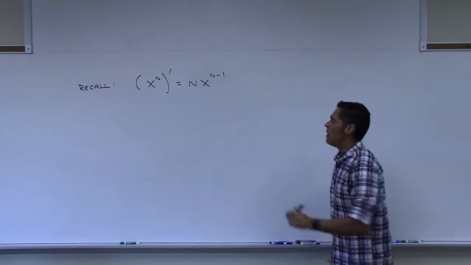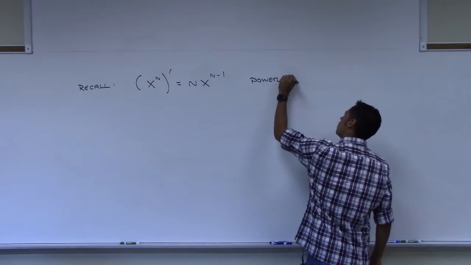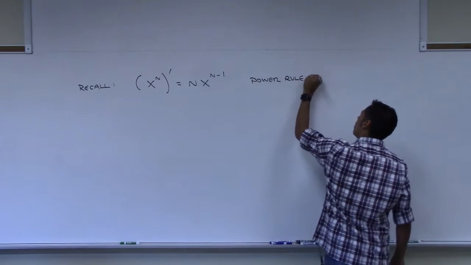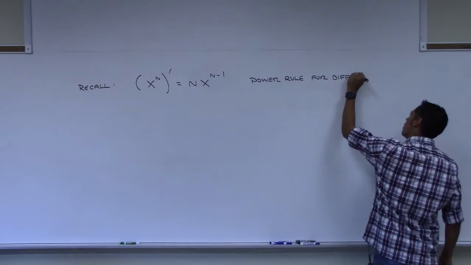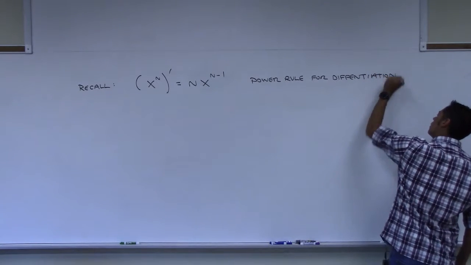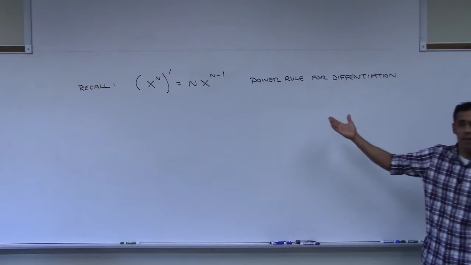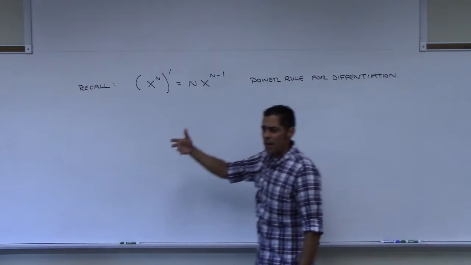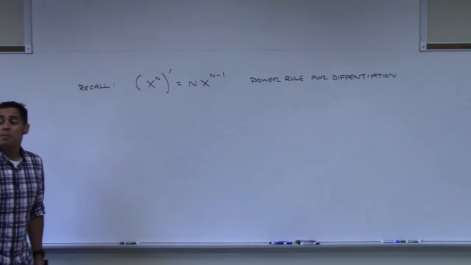So that was called the power rule for differentiation. That was the power rule. We just used that, didn't we, a second ago? X to the fourth, 4 came down, x cubed. Right? So we have a lot of experience with that.